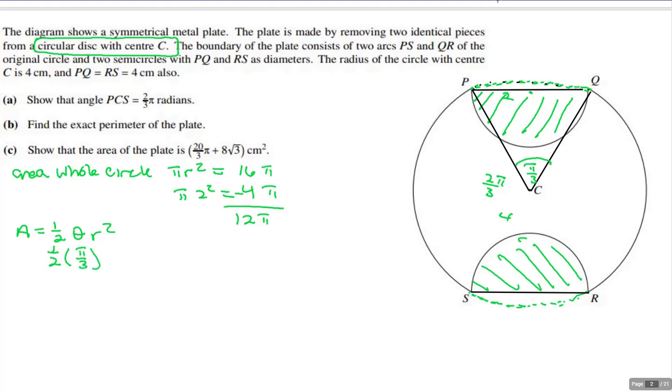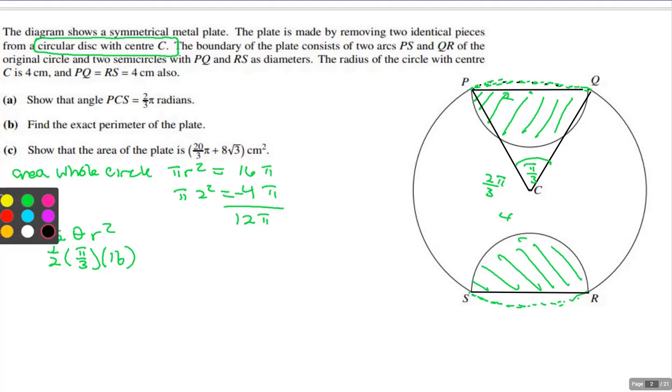And then what's this line? This line is 4, right? Yeah. So we know the radius, so we can square it, right? Yeah. So now keep in mind, this whole sector is all this stuff. All of it.